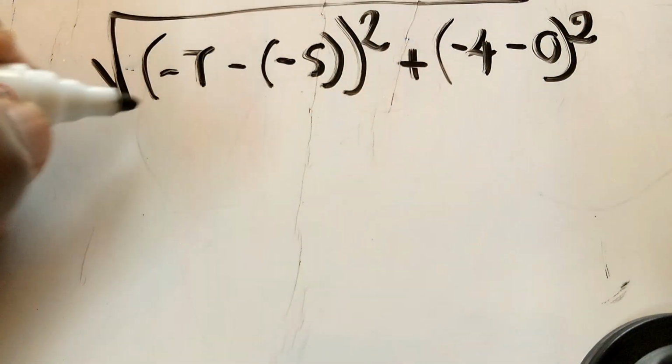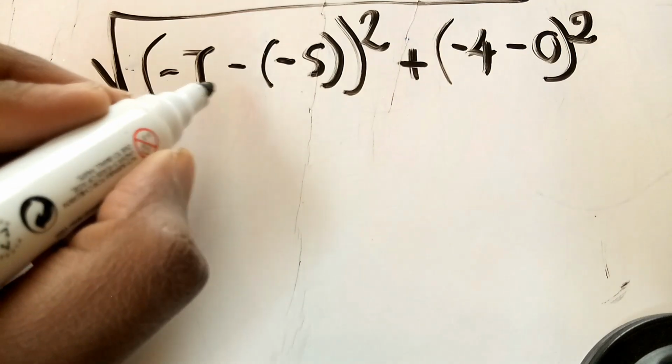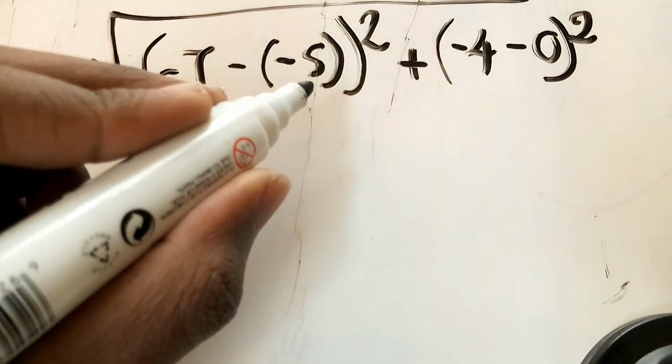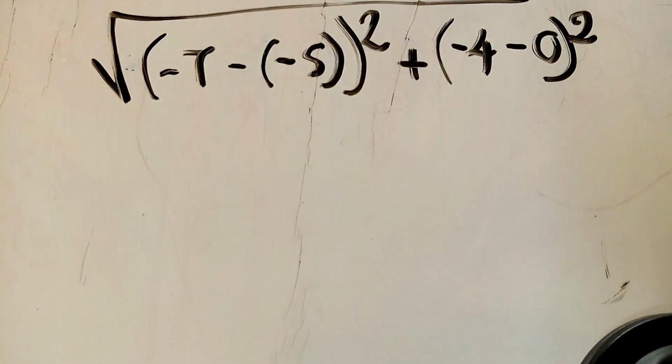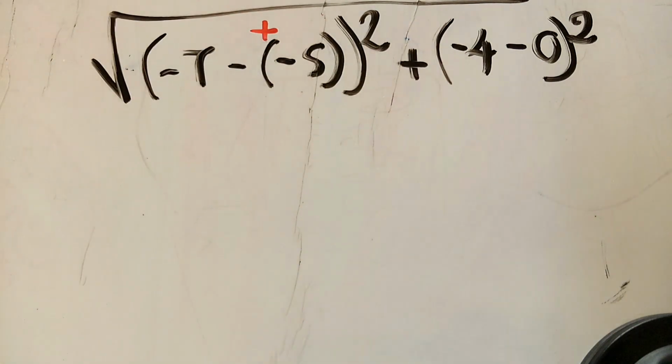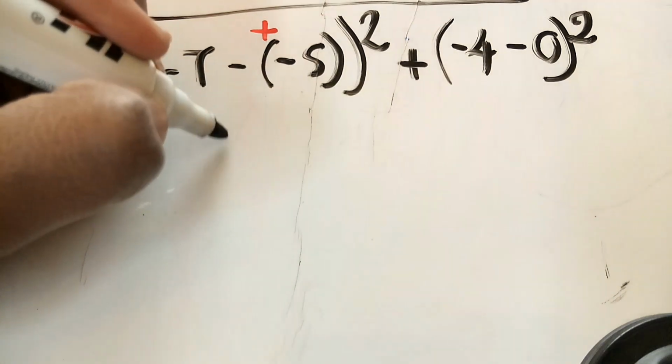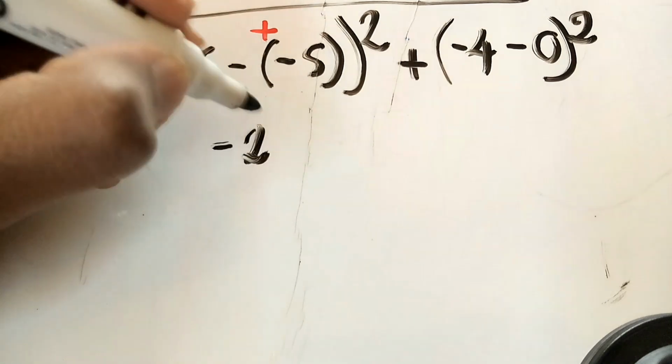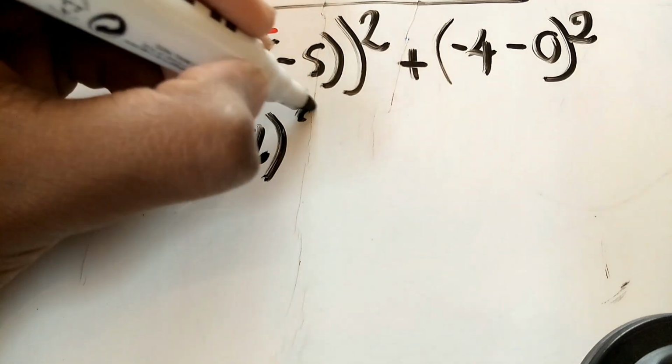And then now we know negative 7 minus negative 5. These two negative signs are going to give you a positive. So it's the same as saying negative 7 plus 5, which will give you negative 2. So we're going to square that.